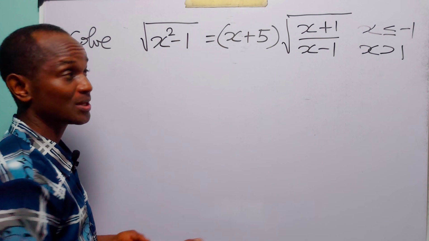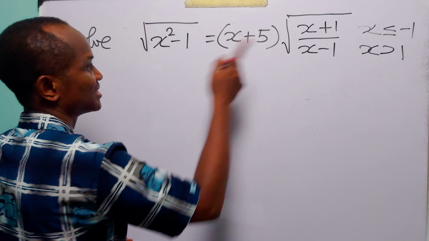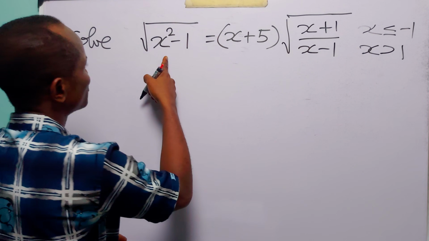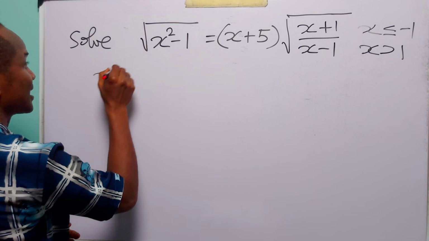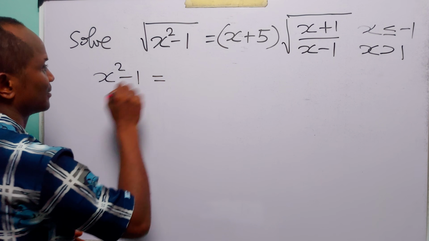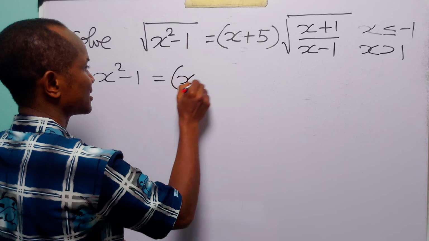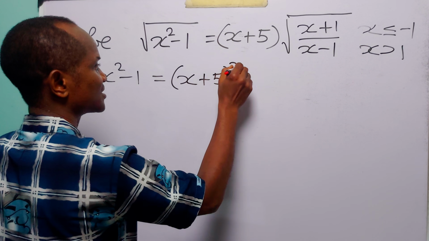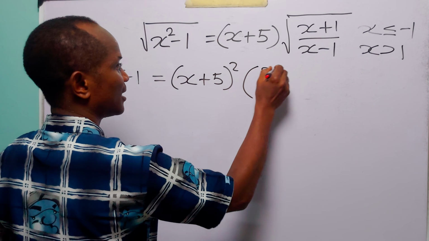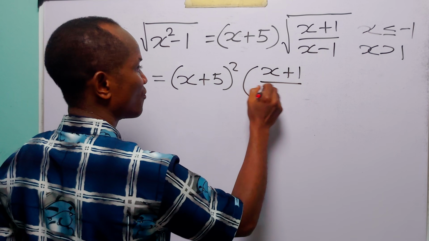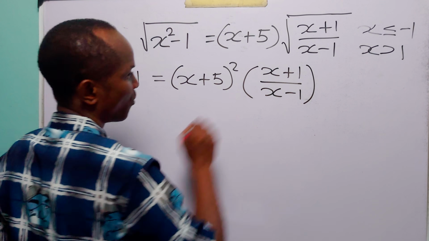Now, the next thing we are going to do is to get rid of these two square roots. And of course, to do that, we square both sides of this equation. When we square the left-hand side, we have x squared minus 1. And when we square the right-hand side, we have (x plus 5) squared times (x plus 1) over (x minus 1).